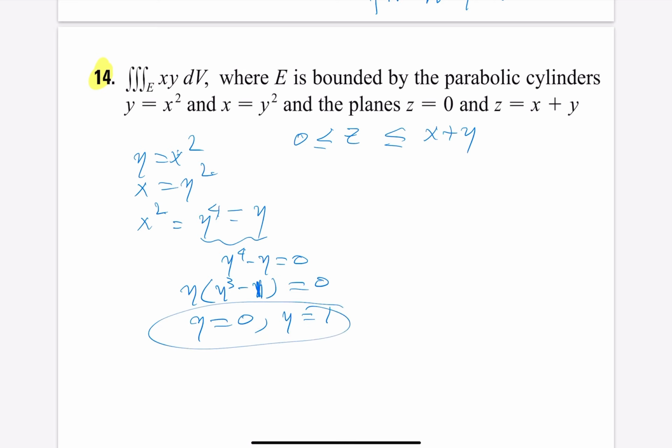So now you can tell the variation of y is between 0 and 1. Okay, you can tell this one should be the last one. So now here I have y. Now let's find the variation of x. If you check the variation of x, the second one is x equal to square root of y because it's positive, and the other one is x equal to y squared.